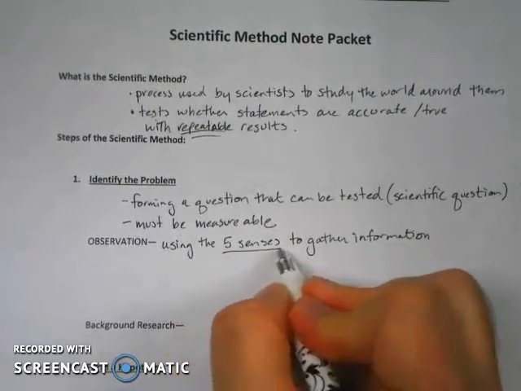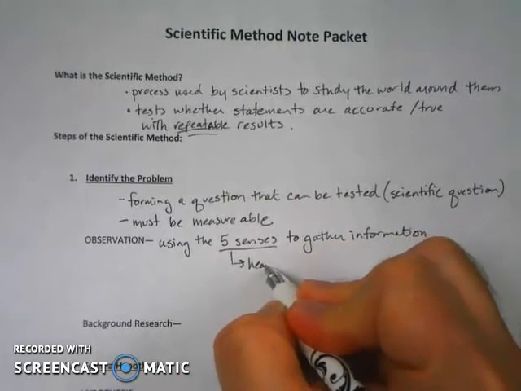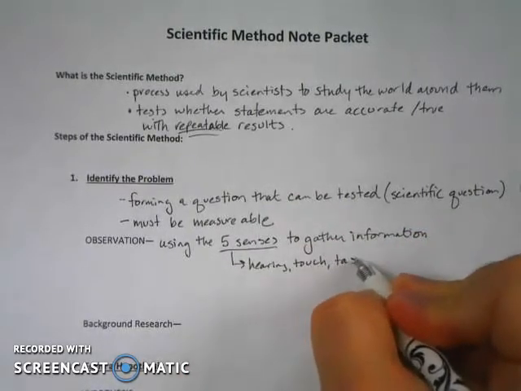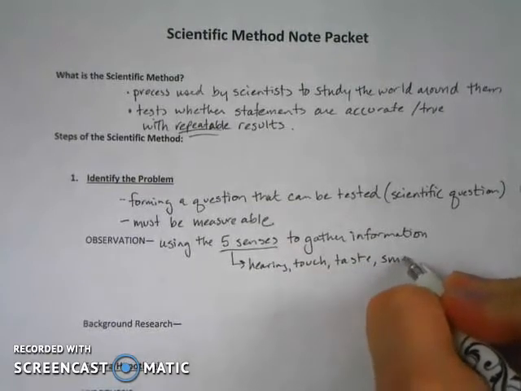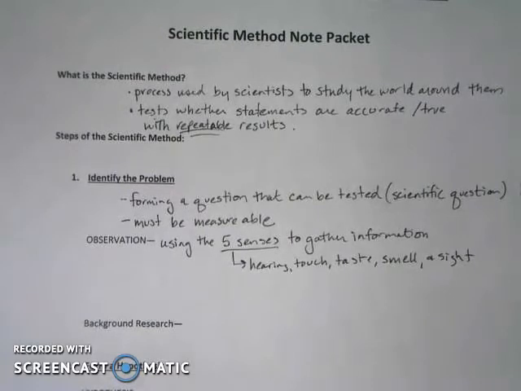So those 5 senses are the ones that you learned about in elementary school: hearing, touch, taste, smell, and sight. So we take in this information that we gather, and then we use our brain to come up with questions, something that we can test.